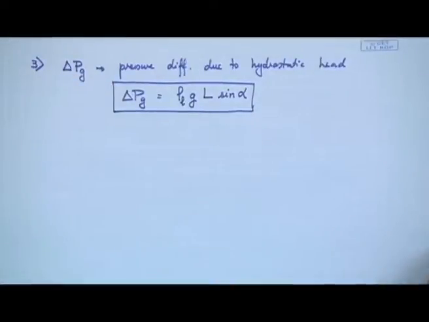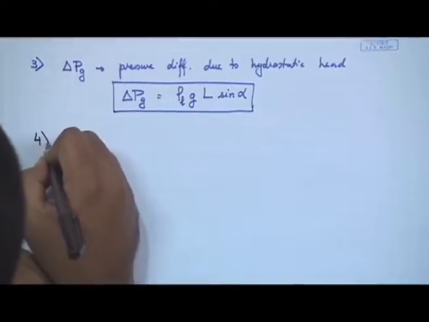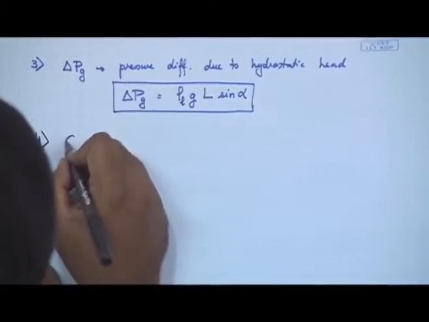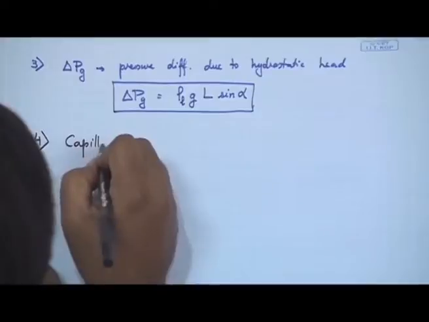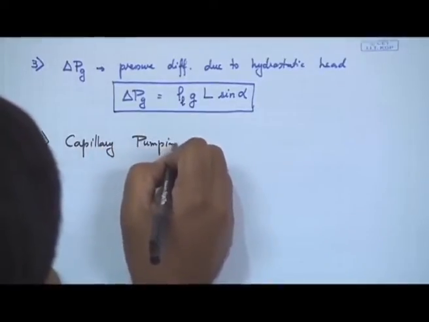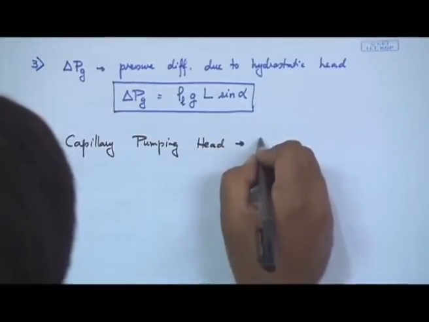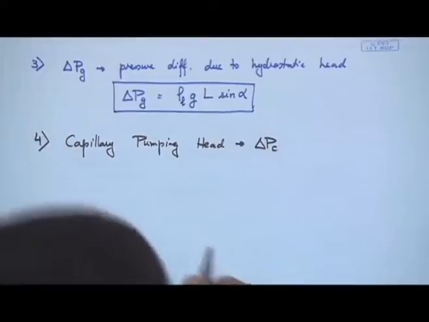So, the final thing that is remaining is the left hand side. What about the capillary pumping head? And I am going to use a different thing here. Capillary pumping head or delta PC.